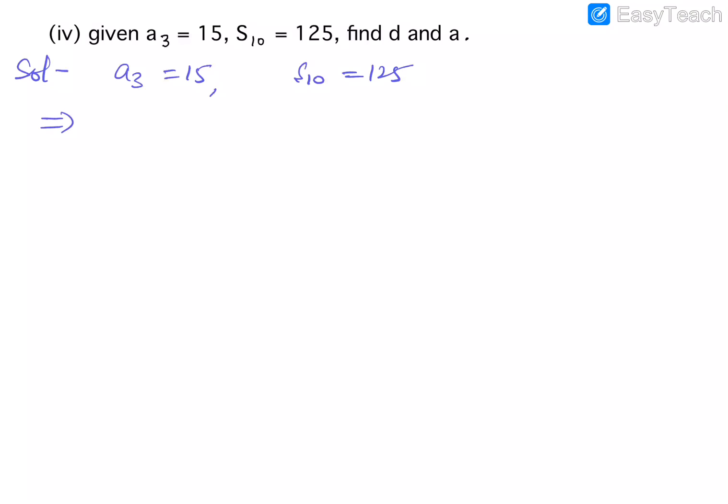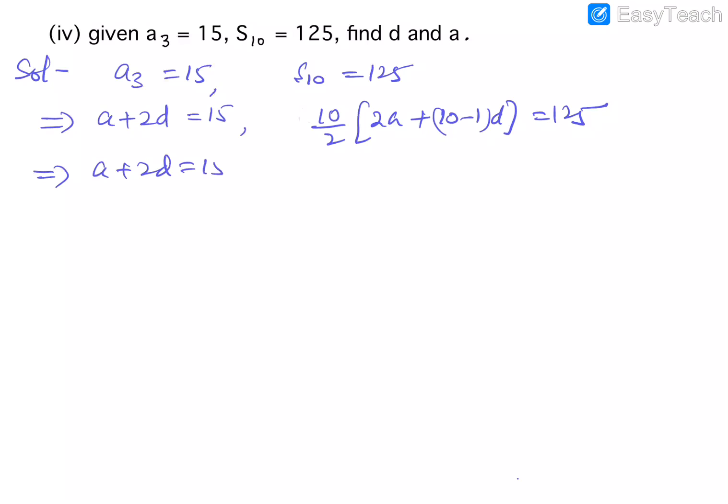This implies that a3 is given by a plus 2d, it is 15, and S10 is 125, or you can write it as 10 by 2, 2a plus 10 minus 1 into d as 125.